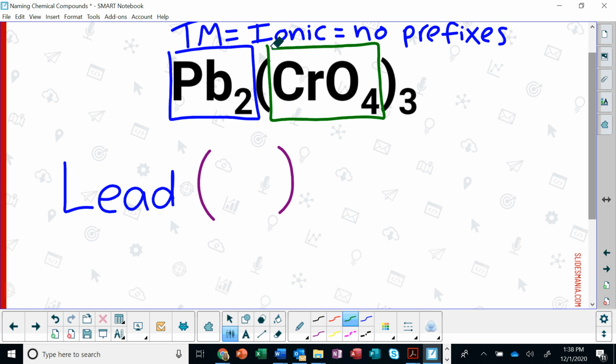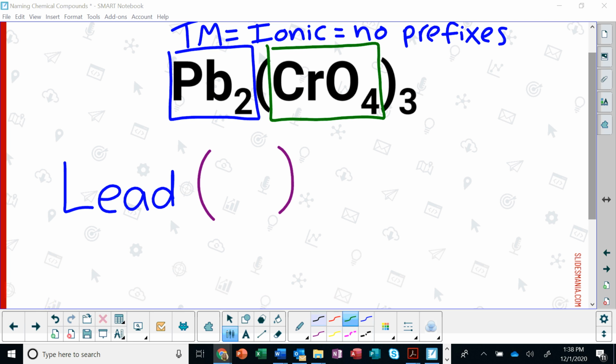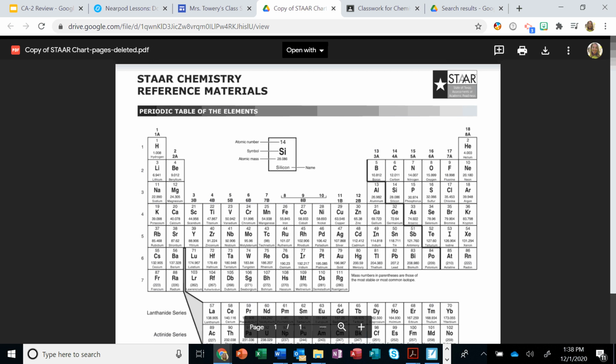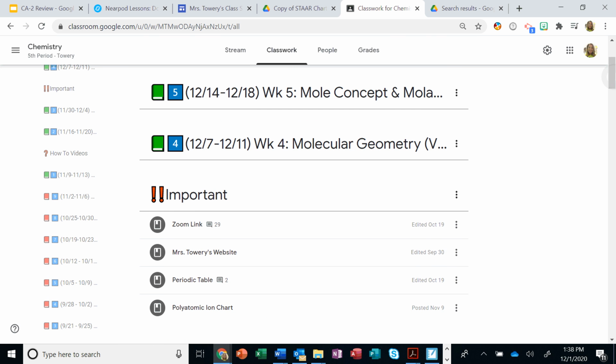There's more than one element here, which means I'm going to need to take a look at a polyatomic ion chart. So I need to pull that up for y'all.